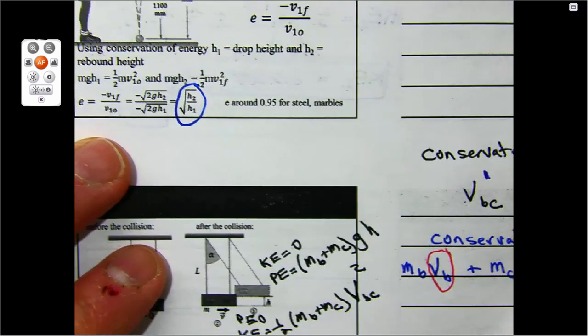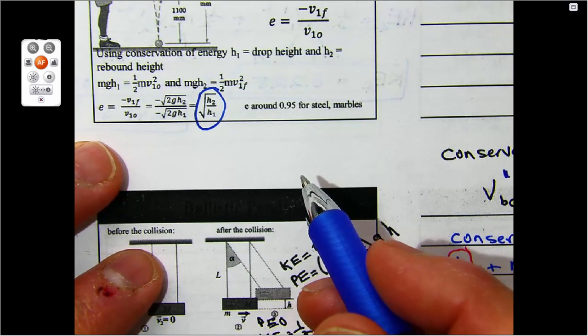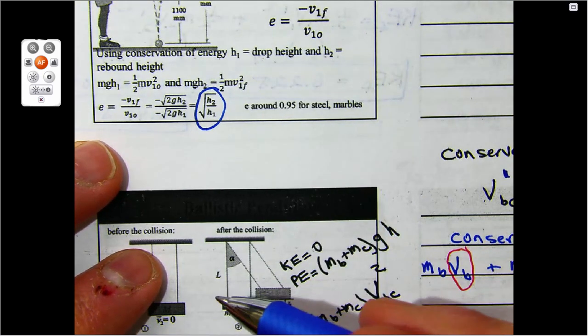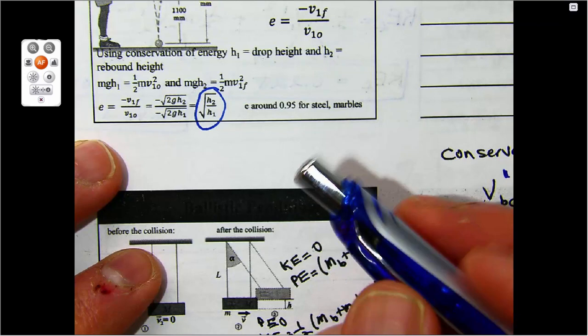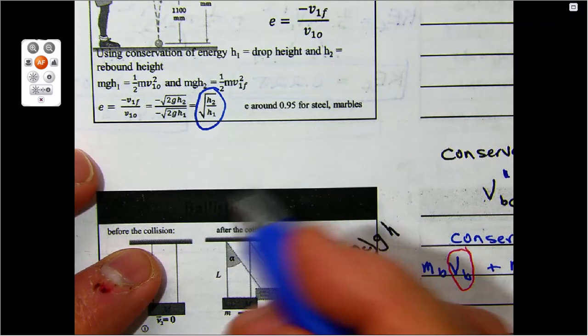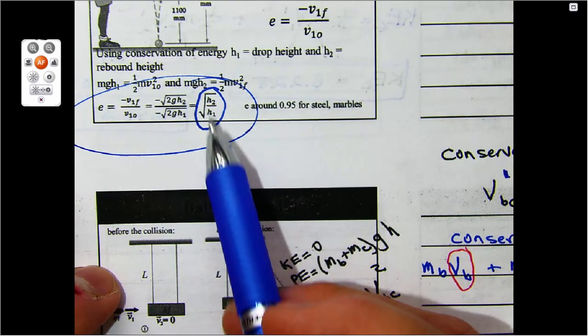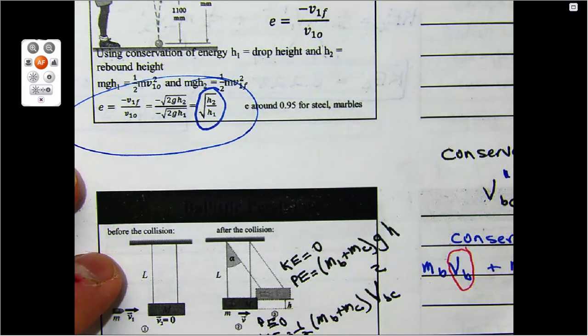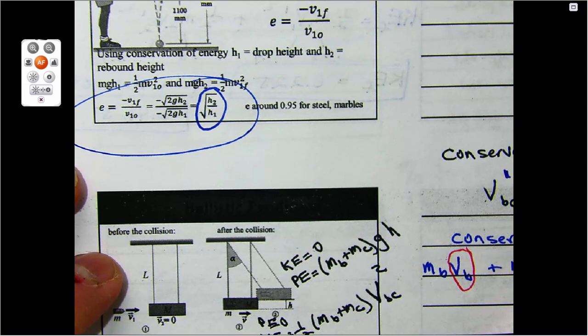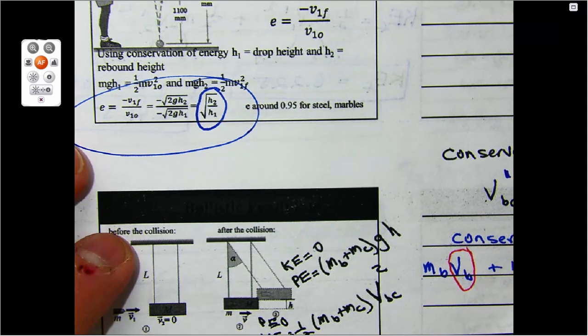So our coefficient, they'll call this the coefficient of restitution, or elasticity, square root of h2 over h1. And there might be one question on that, and that's it. I didn't want to go through all of that derivation. It's a sweet derivation, Bob. I will stay after class to go through that whole derivation with you.